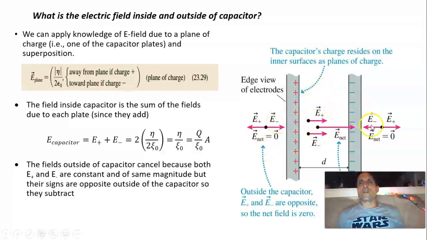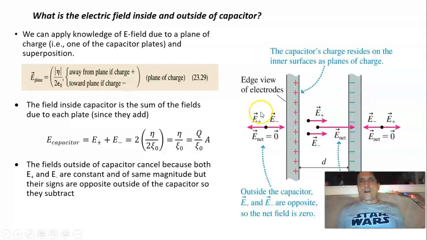Let's go outside the plates here. If we go outside the plates, we have the electric field E plus, which is due to the plus plate, and that's pointing away. That points away from the plus plate. And then you have the field due to the minus plate, the negatively charged plate, and that's pointing toward the plate because it's negatively charged.